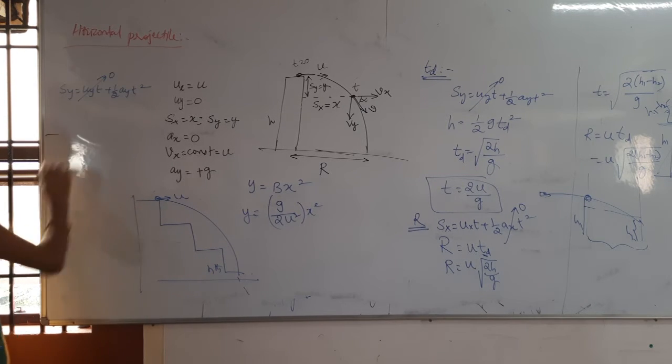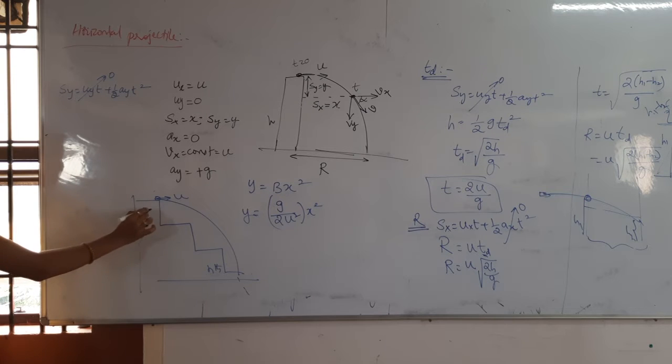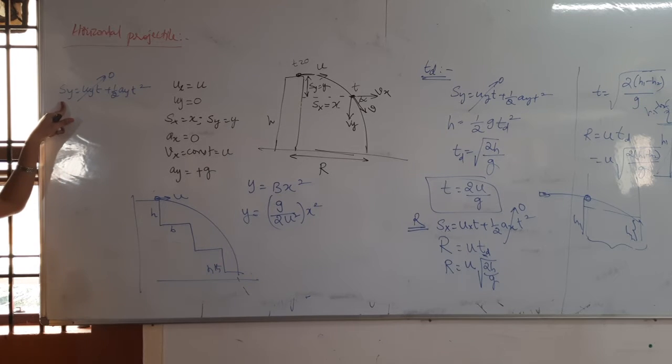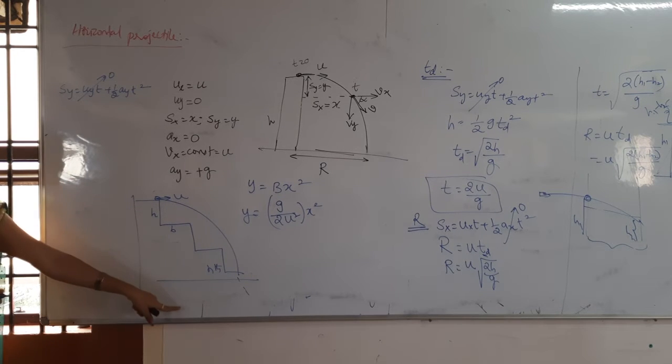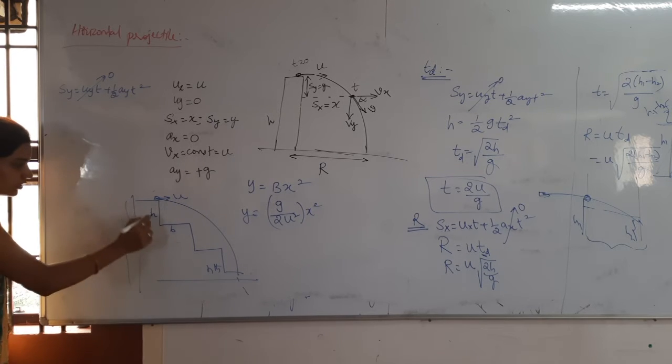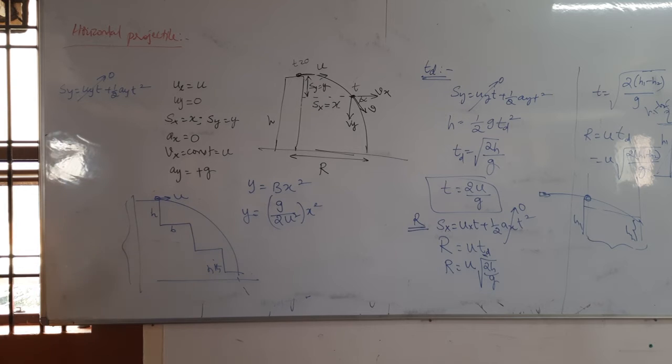uy is what? 0. Sy is equal to the height. The height of each step is h and the width of each step is b. Okay. Total vertical height is how much? n number of steps are there, no? n number of steps are there, nothing but nh. Total this will be h plus h plus h like that, n times of h.